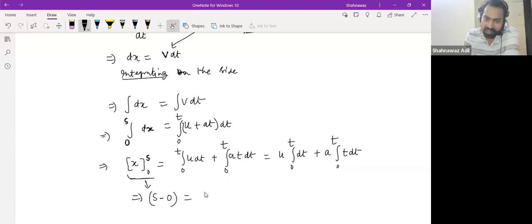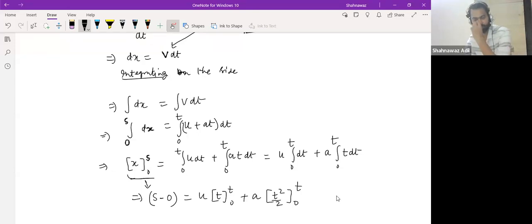And again, you see that dt integration would be t. So t and 0. And what is the integration of t? Power is 1, so t square by 2, with limits t to 0. Understood? Yes, clear guys.